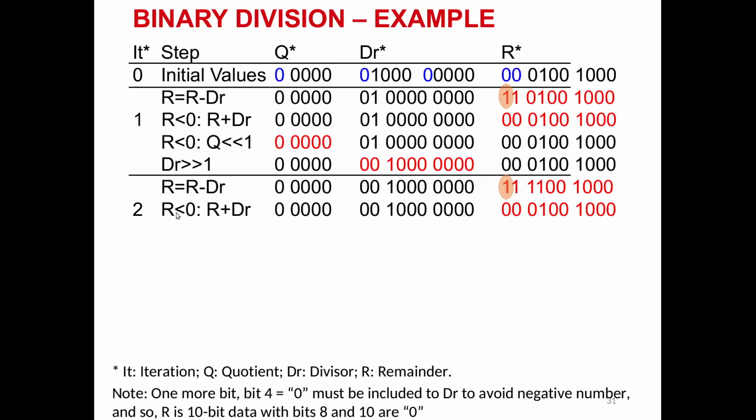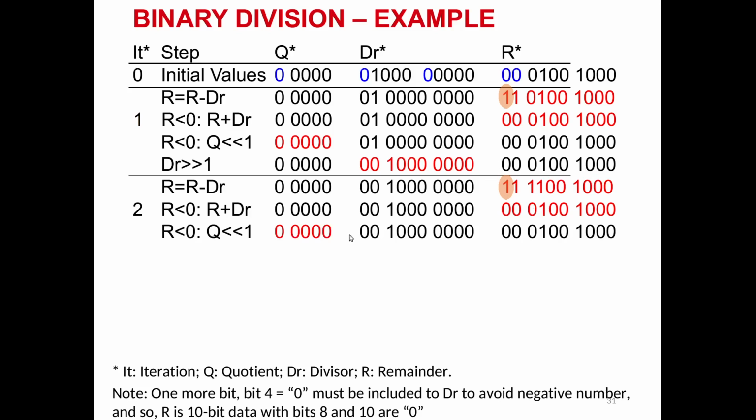And so if r is smaller than 0, we must revert r back to the previous value, so we add r with dr and it changes back to the previous value of this.